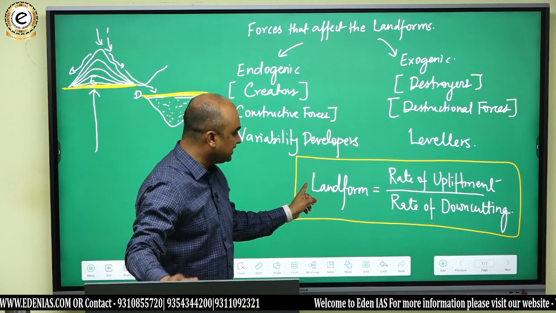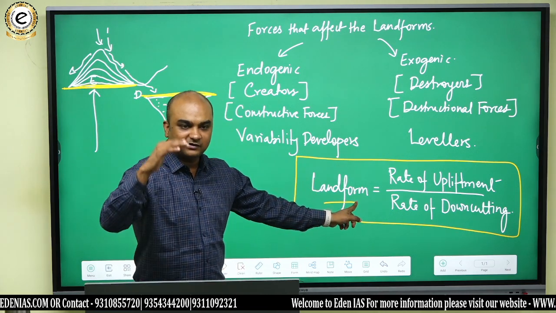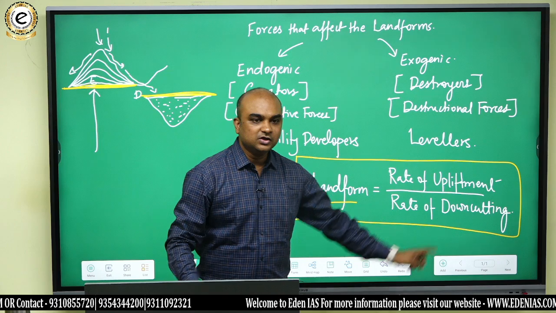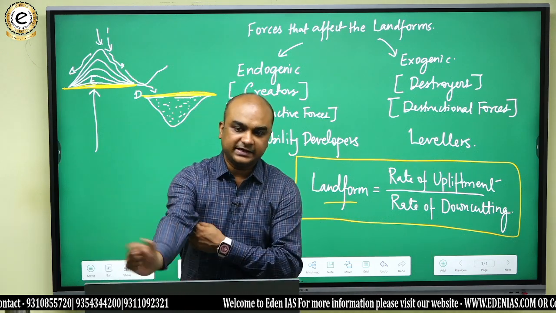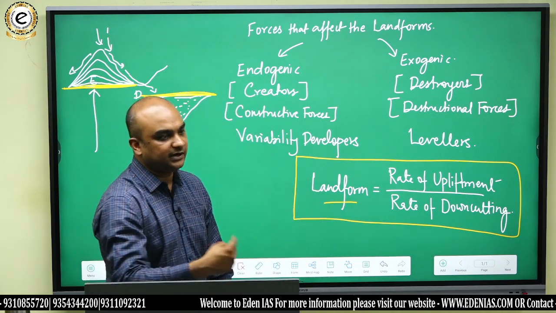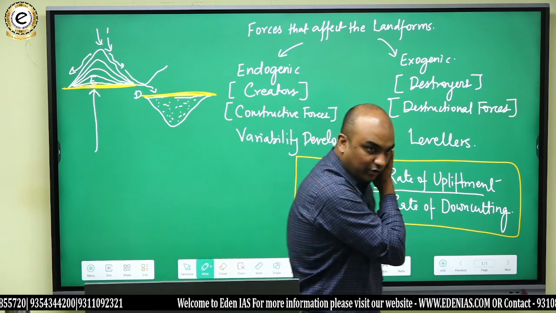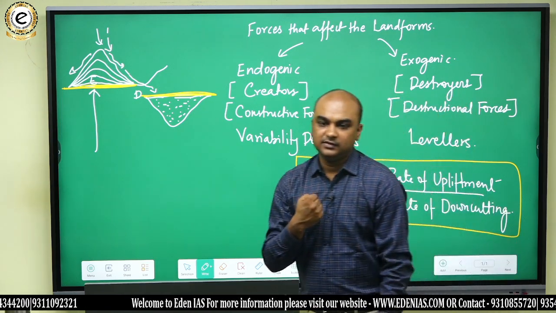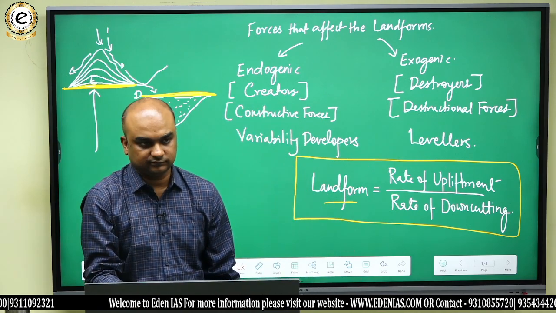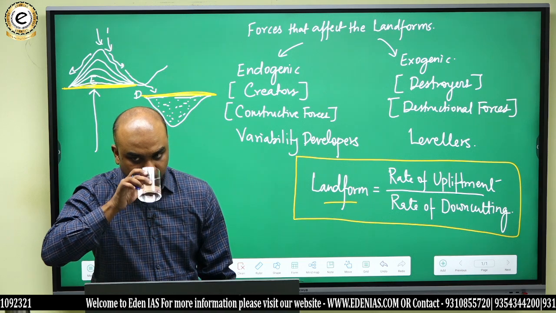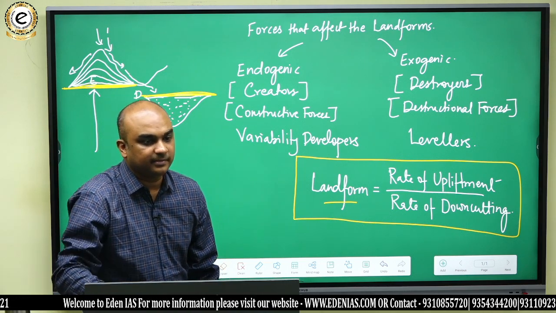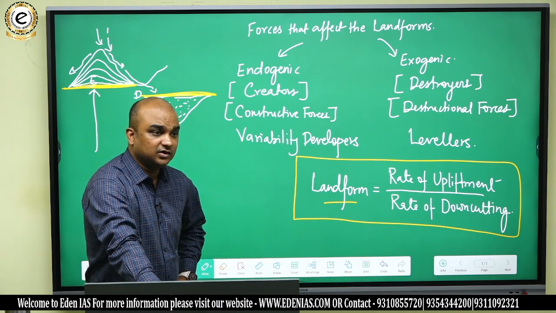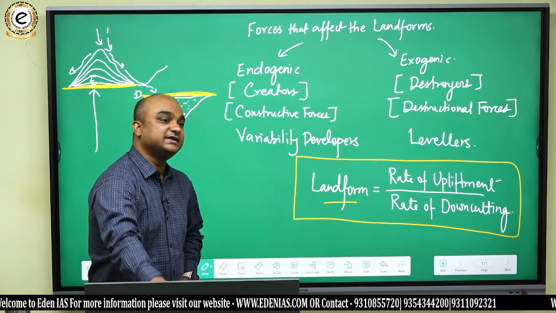And do we also understand that any landform, the height of the landform would be dependent upon the rate of upliftment and rate of downcutting? Do you get that? So write a note. If the rate of upliftment is more than the rate of downcutting, the result would be a rising landform.